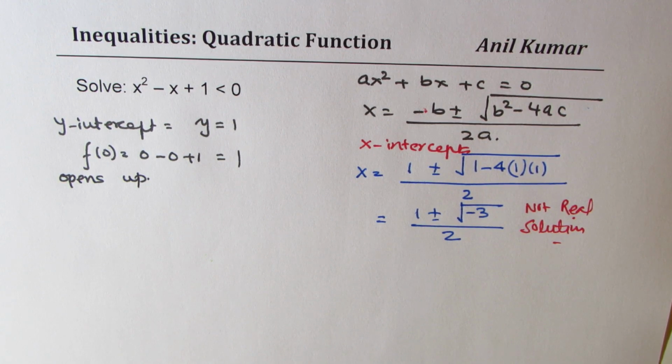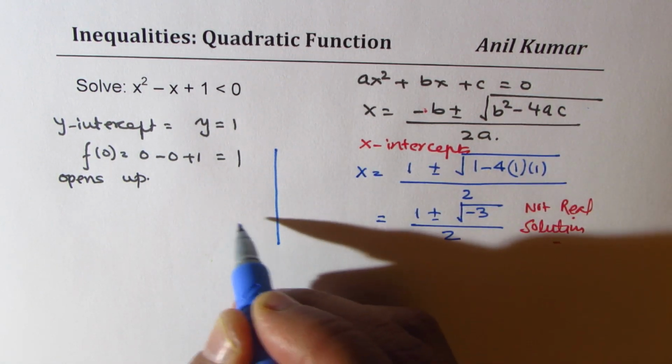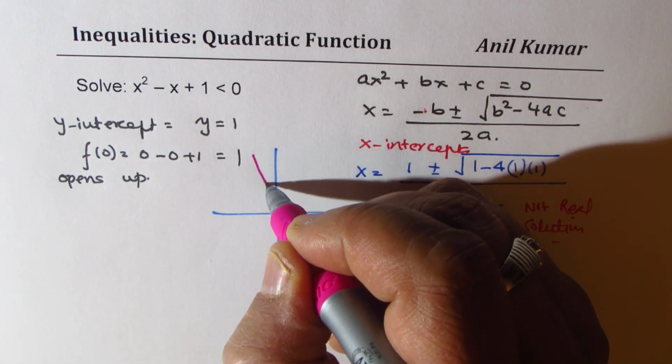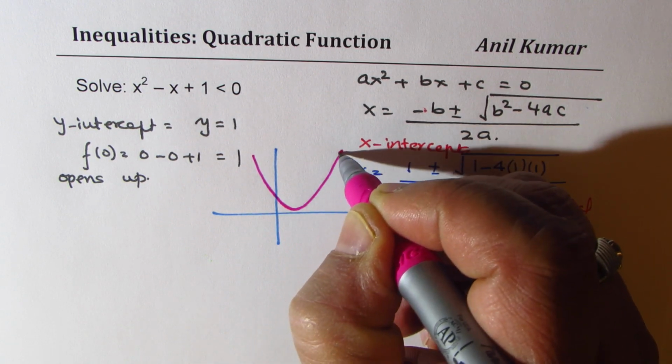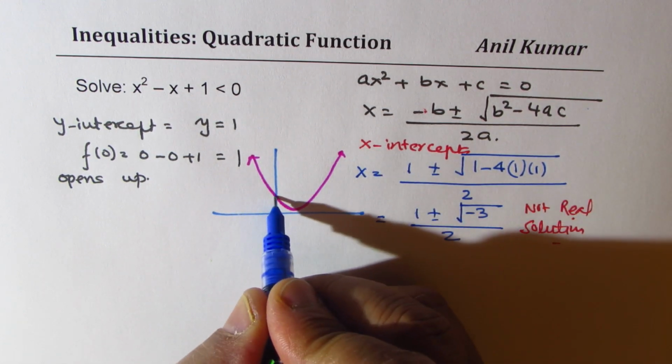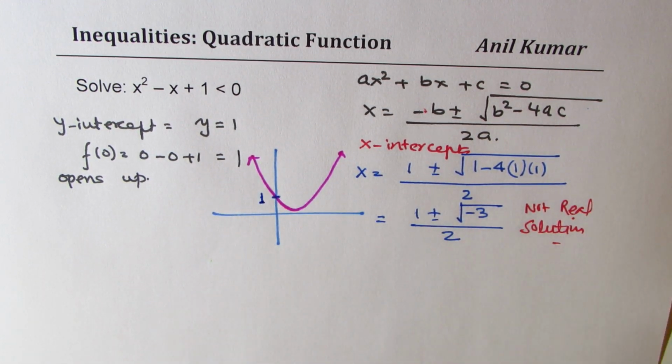And clearly, since we do not have any x-intercept, how is it going to look if I have to sketch it? We are not getting into details of sketching, but we know it should look something like this, right? Where definitely the y-intercept is 1. So this point is 1.